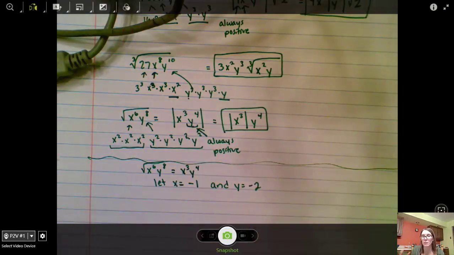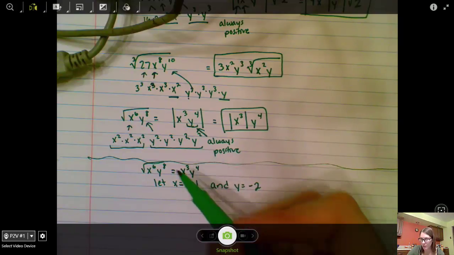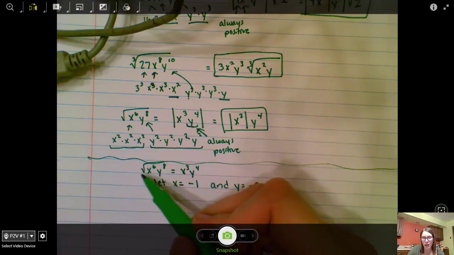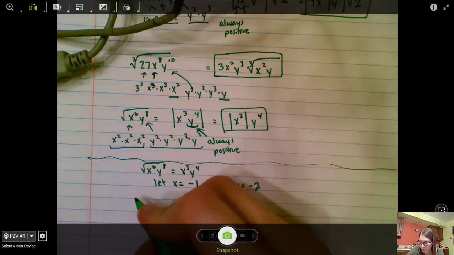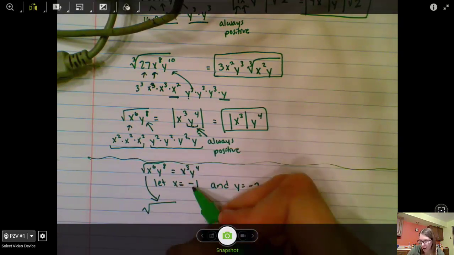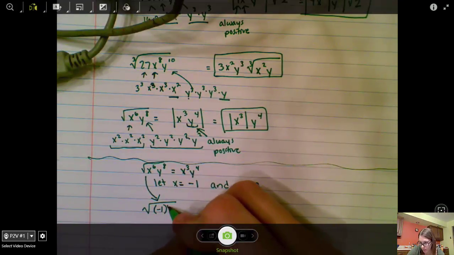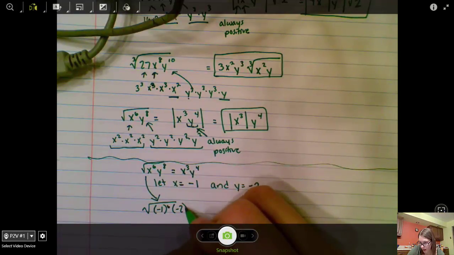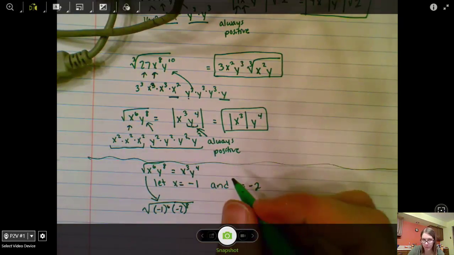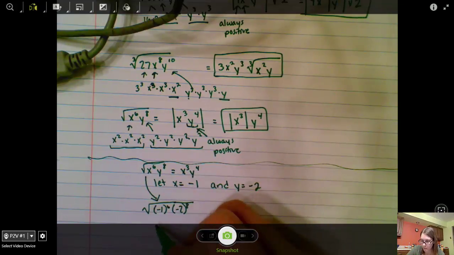Now let's pretend like I didn't need absolute value at all. If x is -1, and I look at my original, I'd have the square root of -1 to the 6th power, which is +1, times -2 to the 8th power, which is 256.